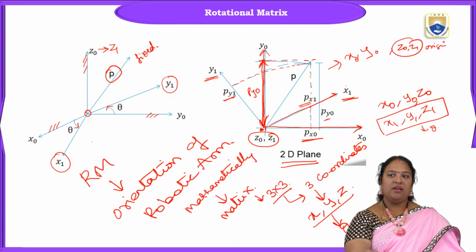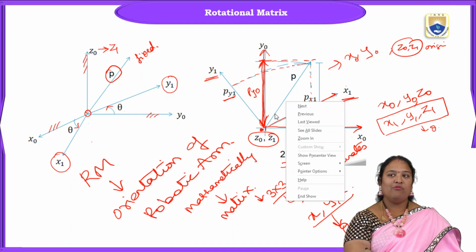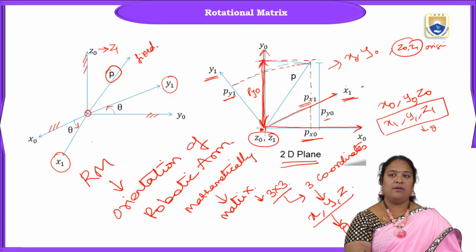By the movement of the x0 axis through some angle, we get an axis x1, onto which a perpendicular from P gives px1, and when we rotate the y0 axis at some angle, we get an axis y1. When we drop the perpendicular vector P onto y1, we get py1, and in the same way py0 and px1. So this is how we represent it for a two-dimensional matrix.